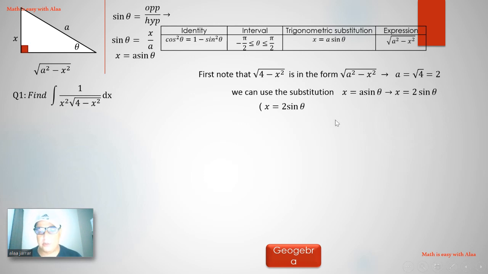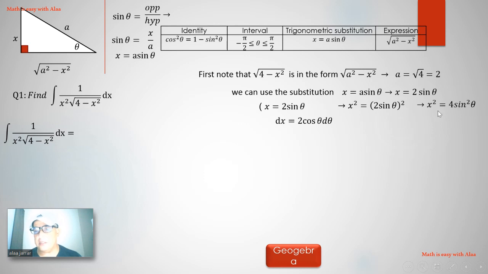Now if x equal 2 sine theta, then dx equal 2 cosine theta d theta, and x squared will be 2 sine theta squared, means that x squared equal 4 sine squared theta. Now substitute x squared by 4 sine squared theta and dx by 2 cosine theta d theta.